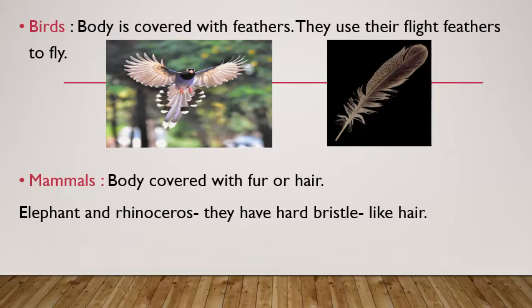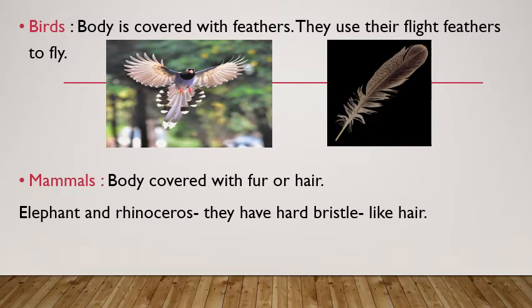Most mammals have bodies covered with fur or hair. Even yourself or myself, we have hair on our body. It is a natural thing that is present on our body. But elephants and rhinoceros, they are also mammals. They give birth to their young ones. They have hard bristle-like hair.